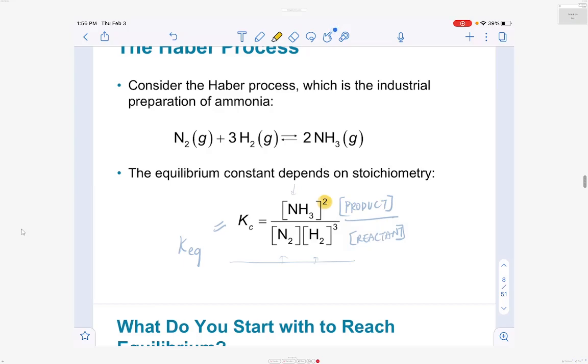NH3 concentration is raised to the power of 2 because it has a coefficient of 2. H2 is raised to the third power because it has a coefficient of 3.